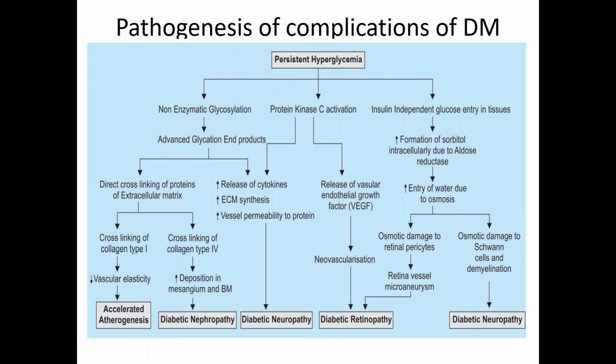And another thing is that some tissues like lens, nerves, some blood vessels and kidneys do not require insulin for uptake of glucose. Glucose directly enters into the tissues without requirement for the insulin. So with hyperglycemia, the high glucose enters into the tissues.